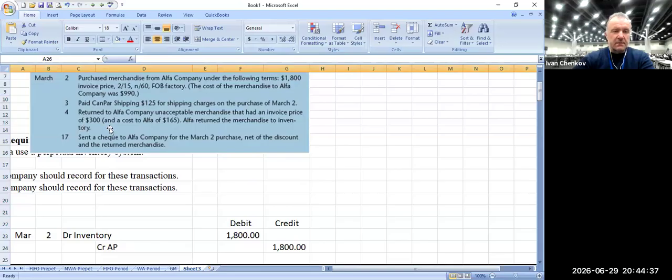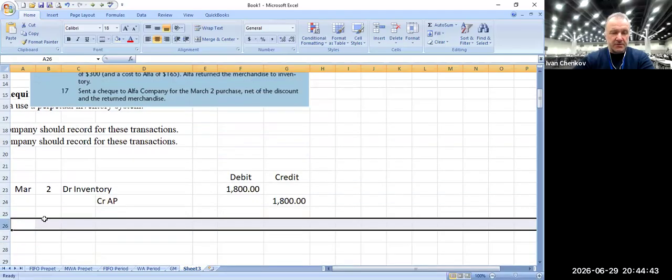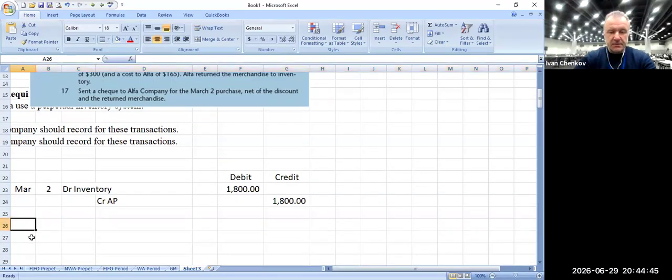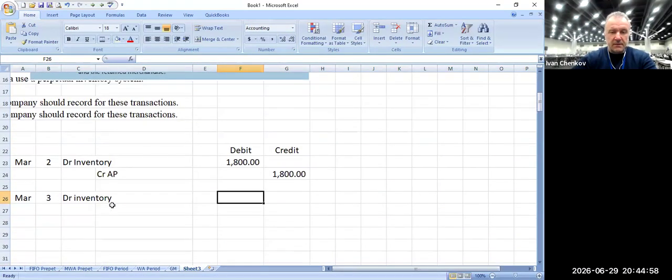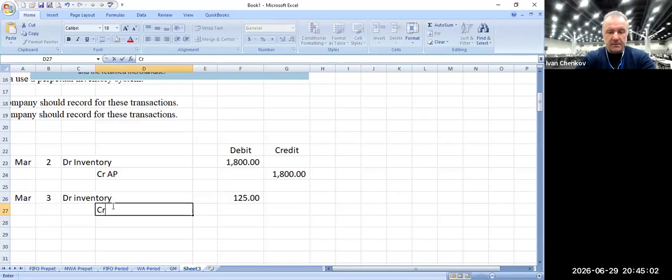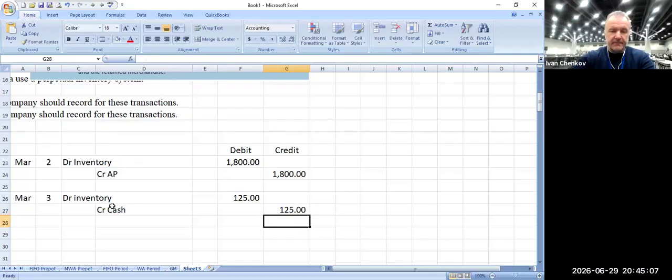On March 3rd, we pay shipping charges on the purchase of March 2nd, and we pay cash. For the shipping, debit inventory. We're going to increase our inventory directly with $125, and we're going to pay cash, credit cash, the same amount.